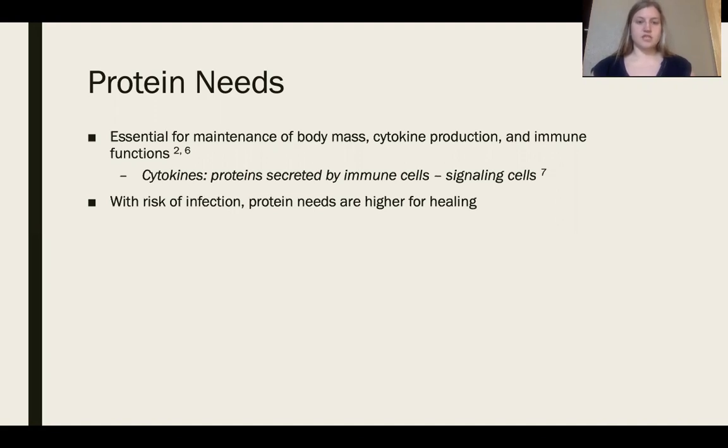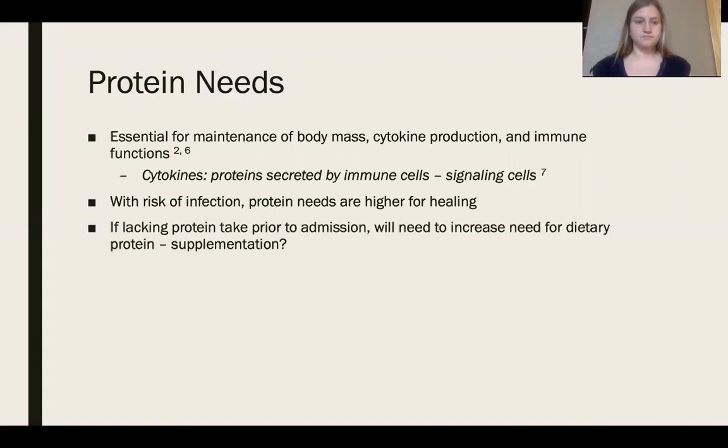And with risk of infection, protein needs are definitely going to be a bit higher, especially if they have different comorbidities such as an ulcer. It's going to be a bit higher. If lacking protein prior to admission, we typically will need to increase dietary protein, and that could be through supplementation or food if they're able to eat that certain amount.